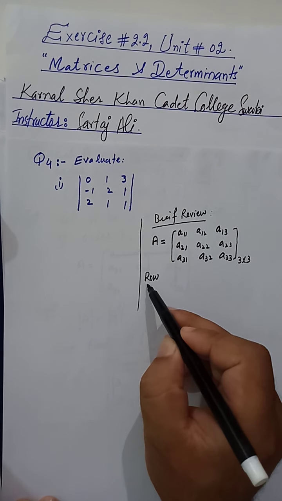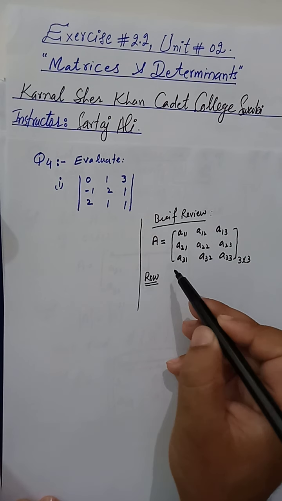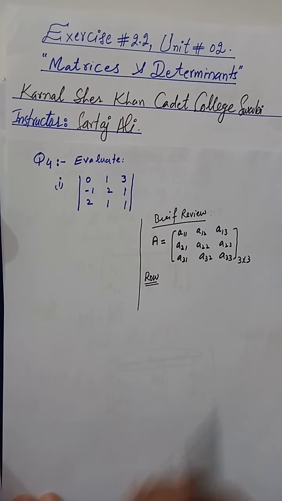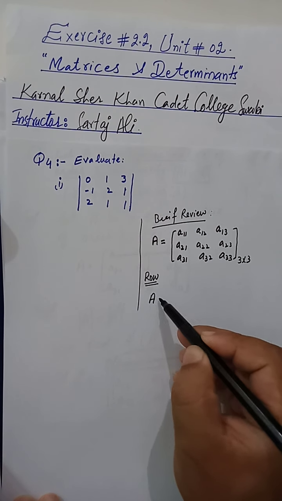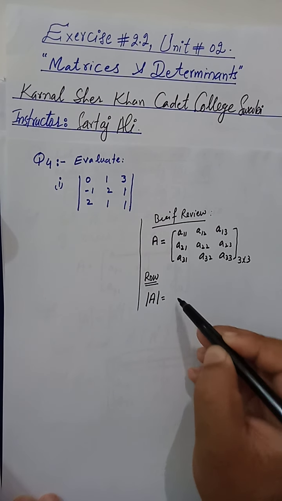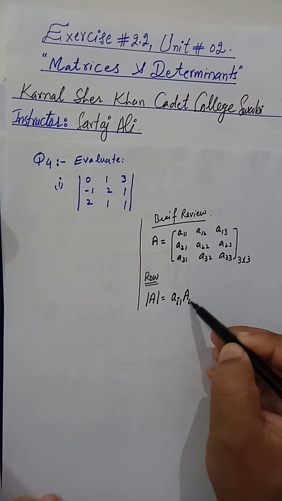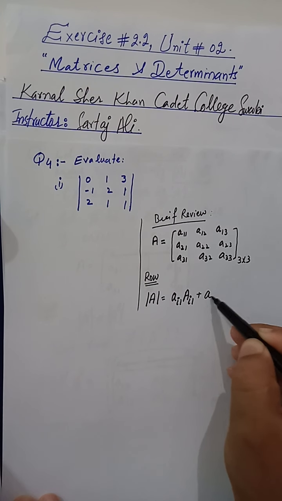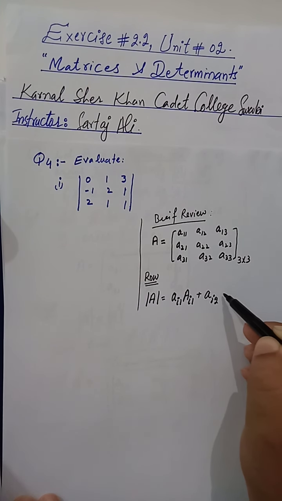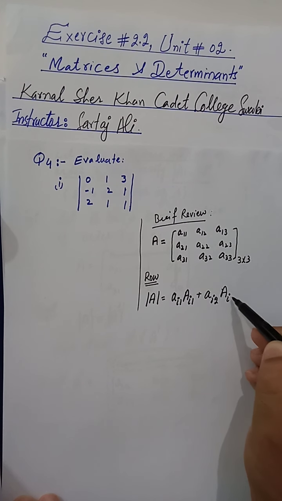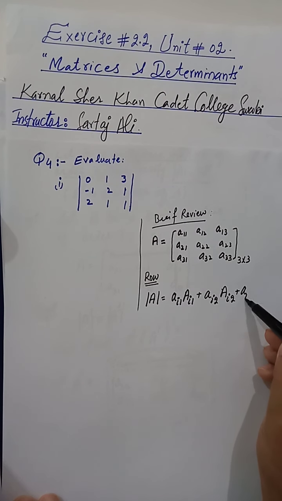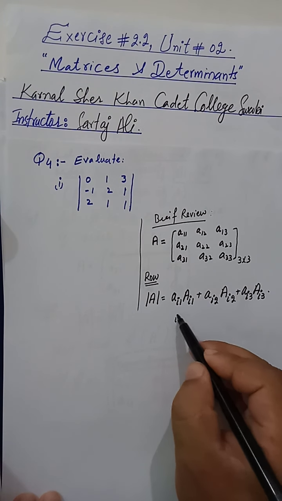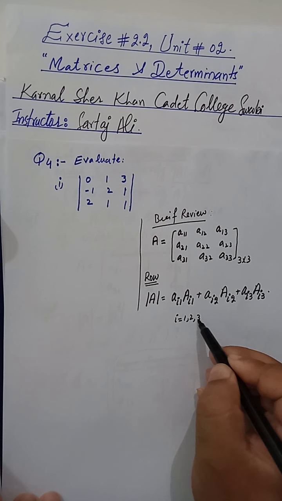If you are interested in finding the determinant of the given matrix with the help of any row, the formula for the determinant of the matrix is a_i1 times capital A_i1, plus a_i2 times capital A_i2, plus a_i3 times capital A_i3, where i runs from 1 to 3.